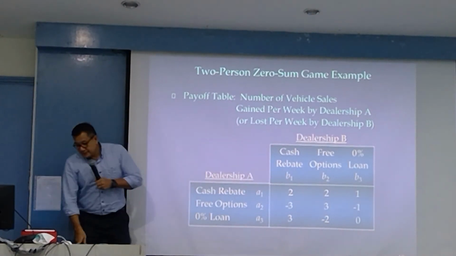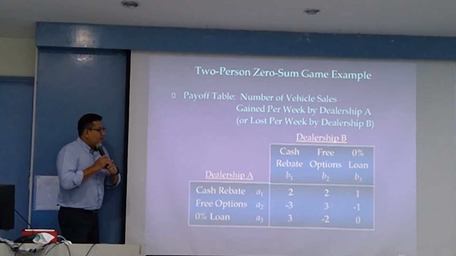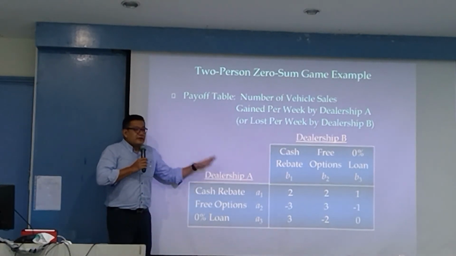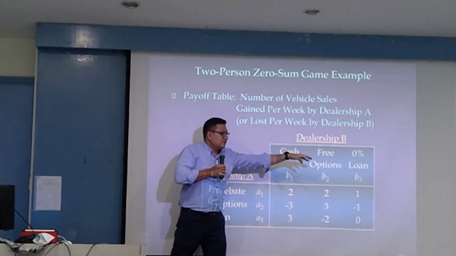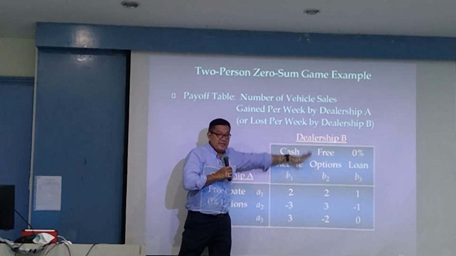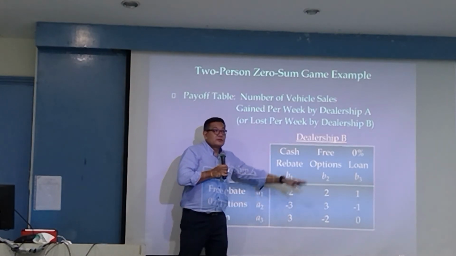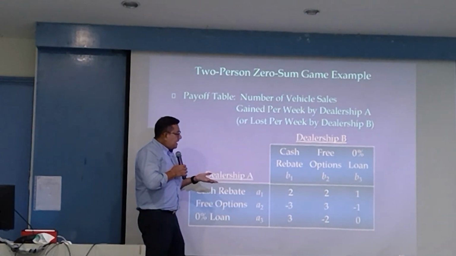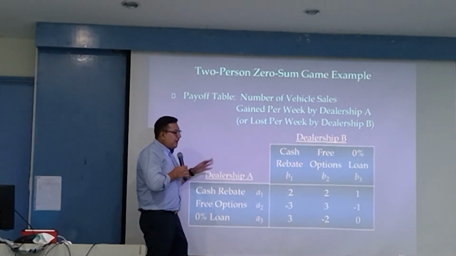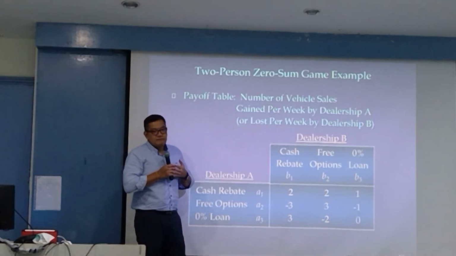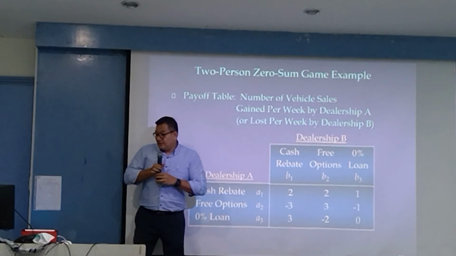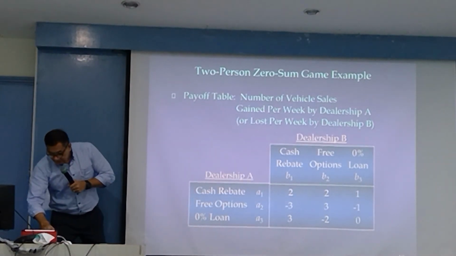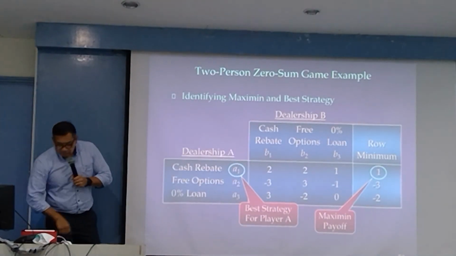Now think in terms of dealership A first. You try to develop a strategy to take the market share from B. In this case, the concept we can use for A is the maximin concept.